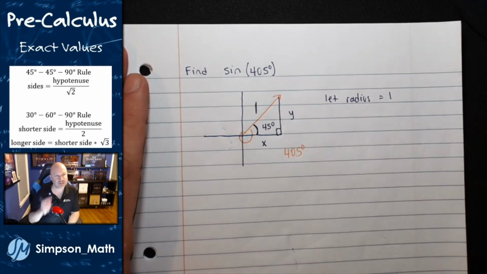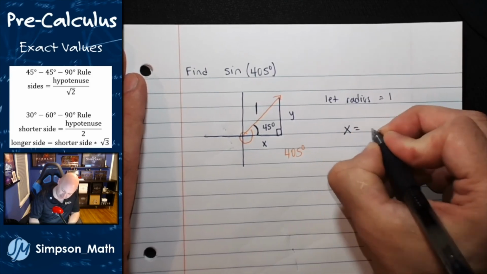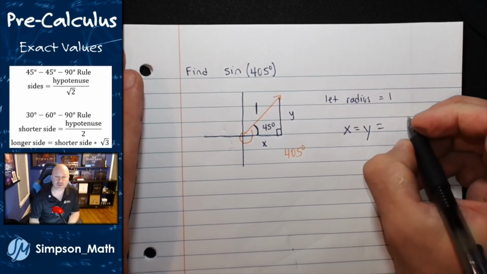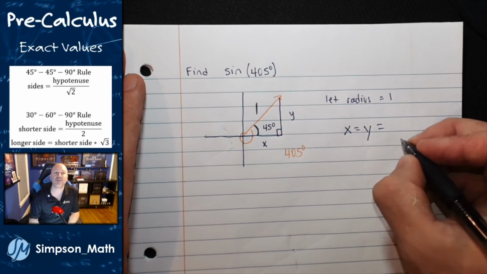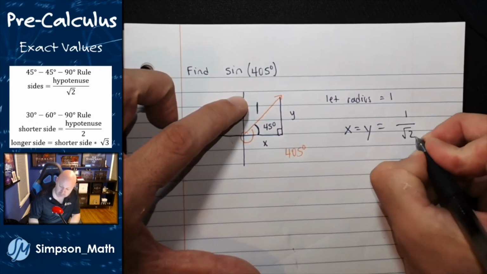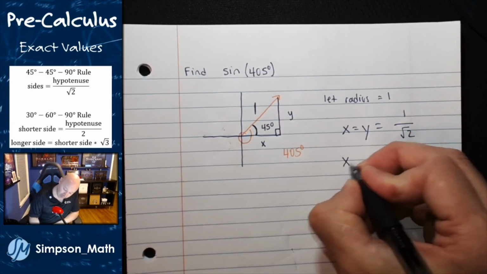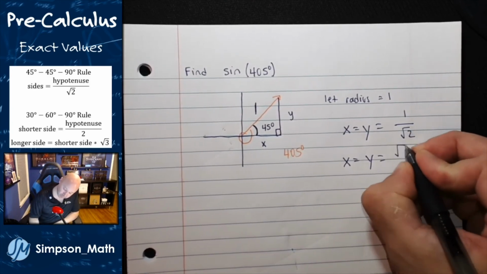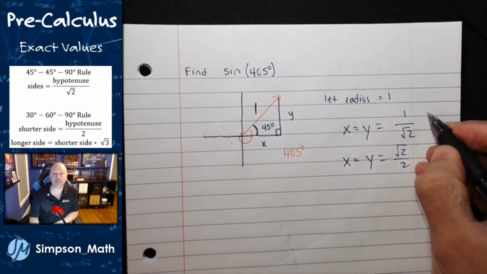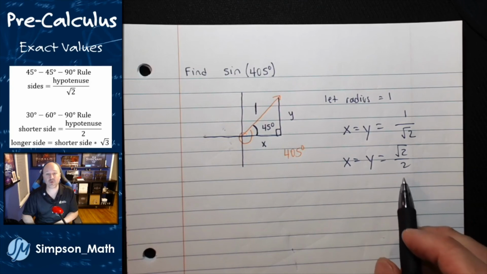That rule says up there that the sides, x and y, they're going to be equal, and they're going to be equal to the hypotenuse divided by the square root of 2. So 1 divided by the square root of 2. I think I'll rationalize. Multiply top and bottom by the root of 2. So the side lengths are equal to the square root of 2 over 2.